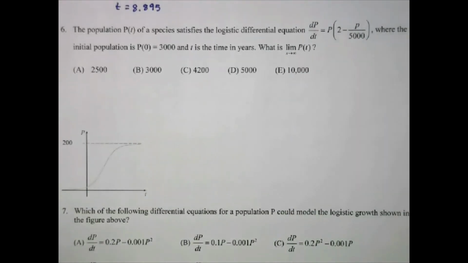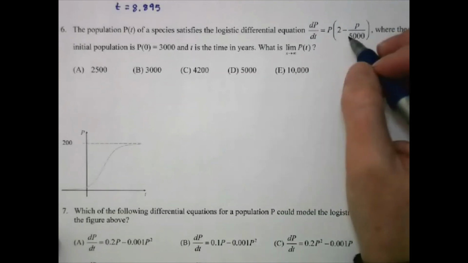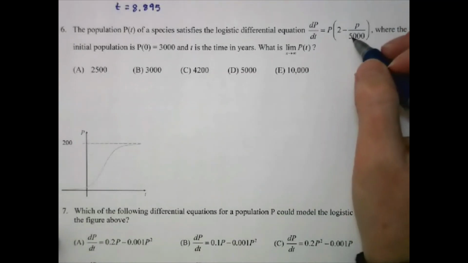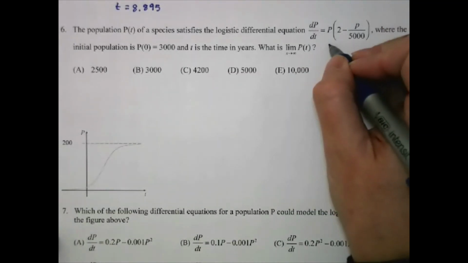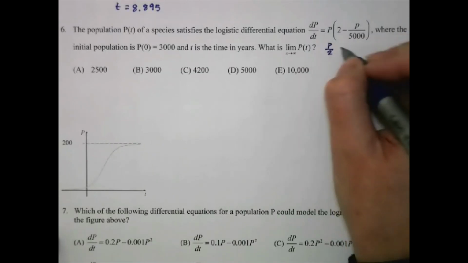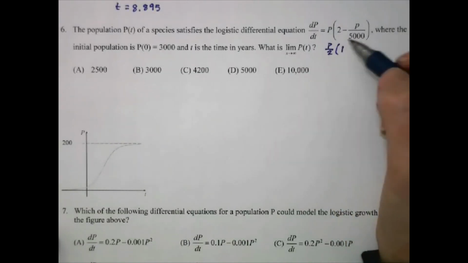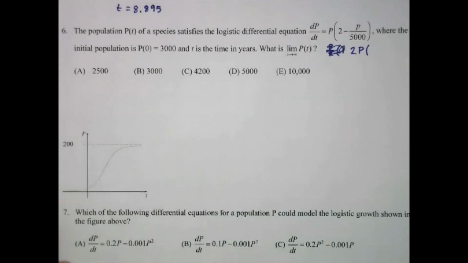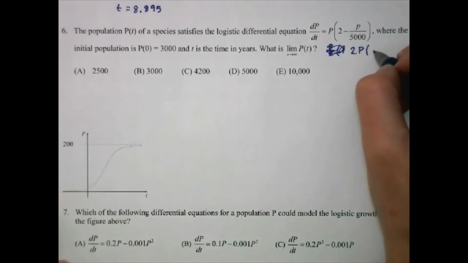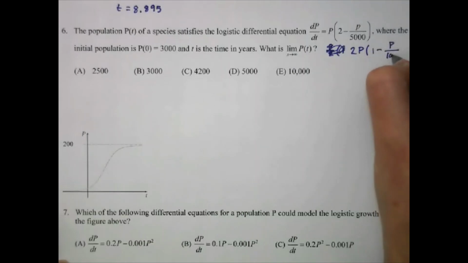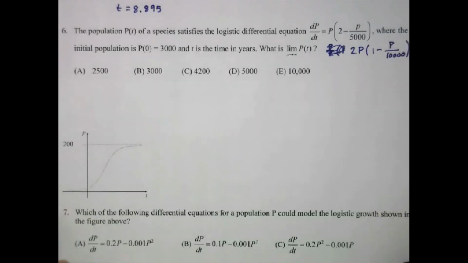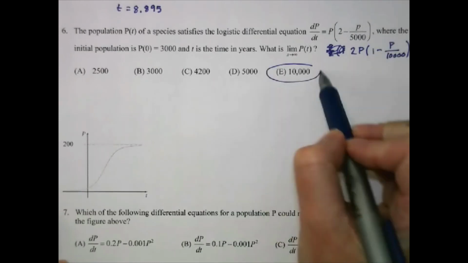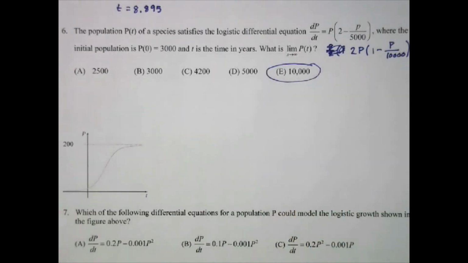So what I need to do is factor a 2 out. So we're dividing everything by 2. So we're going to have 1 minus P over 10,000. So my limit, or my carrying capacity, is going to be 10,000.